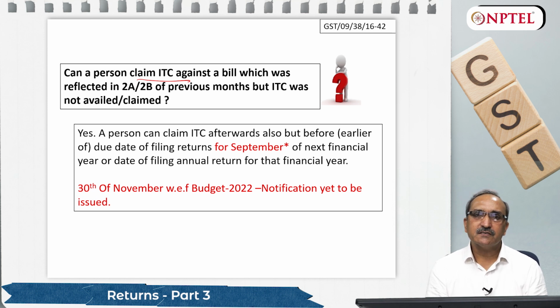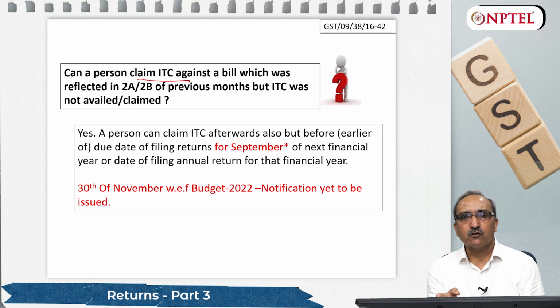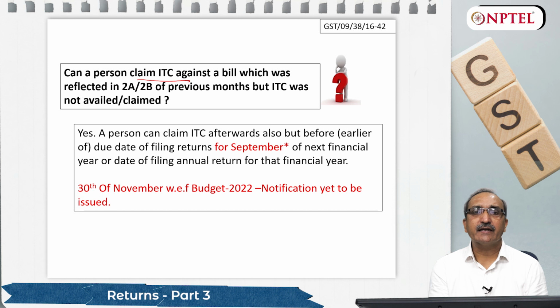So the solution is, by 30th November of the next year. If I am talking about financial year 23-24, then by 30th November 2024, in any of the returns, I can claim this amount.